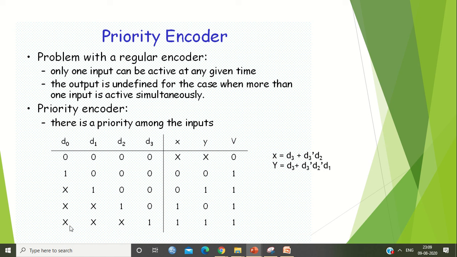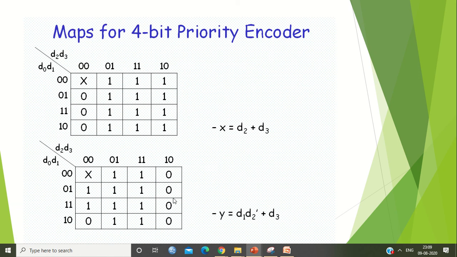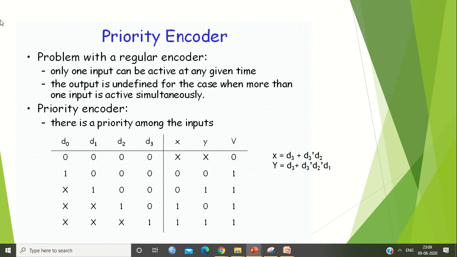So for such values you can assert 1 here, and we will be getting a total of 8 values as 1.